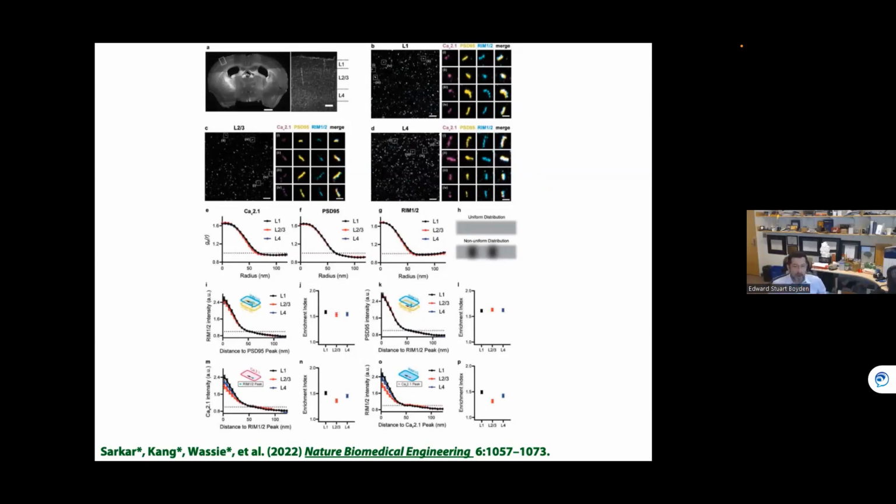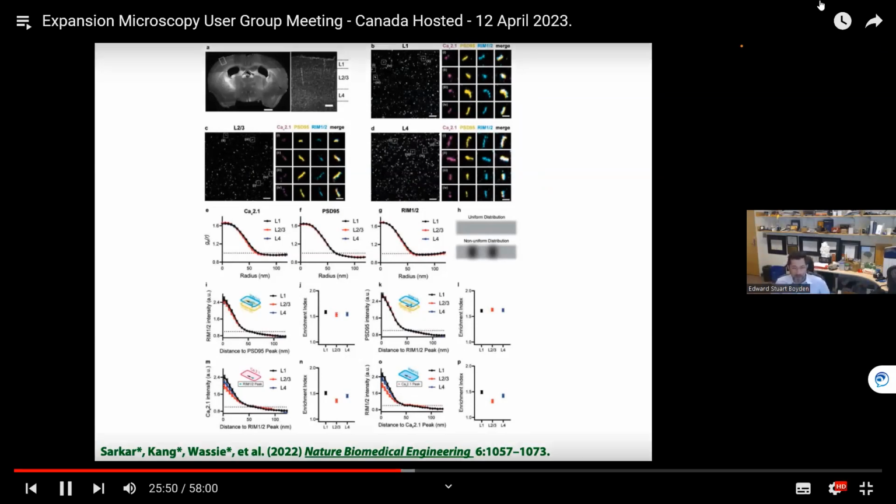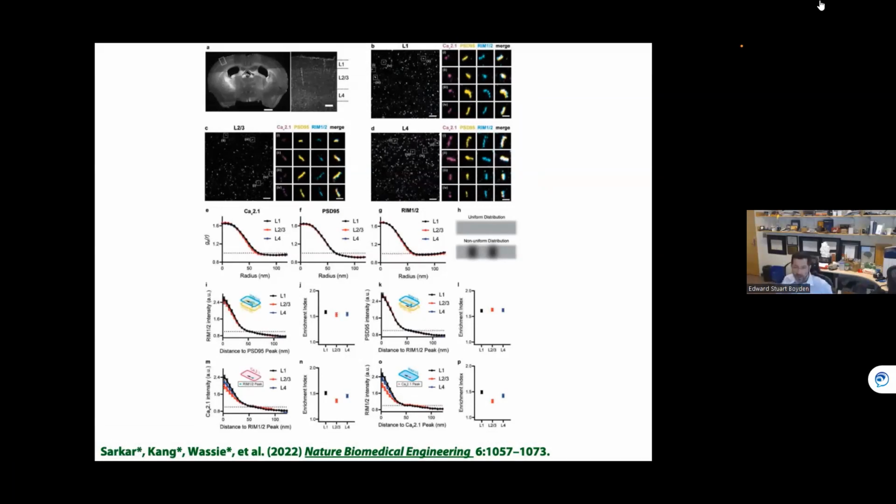So to my knowledge, this had not been studied in intact brain tissue before our study, but we were able to use post-expansion staining of multiple kinds of proteins that were previously difficult to visualize and show that they have coordinated distributions. They're not randomly distributed, they're coordinated, which might help with the precision of brain signaling.